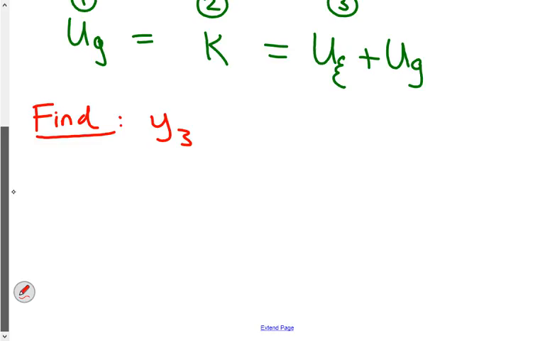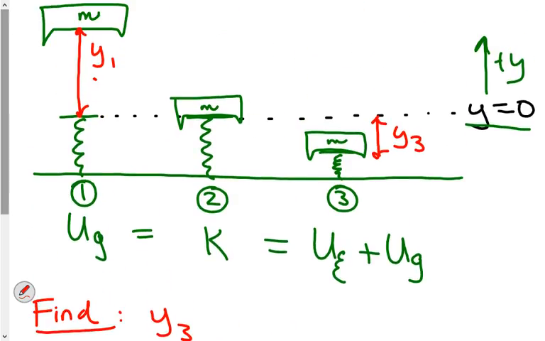Okay. So if I want to find Y3, which two of my positions should I be comparing? Well, we definitely have to have 3 in there. I would do 1 and 3 because I know what this Y1 is, right?